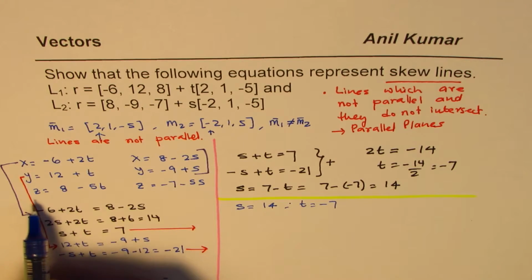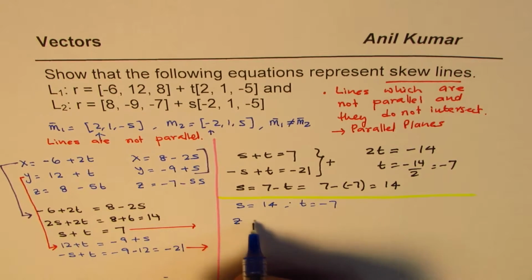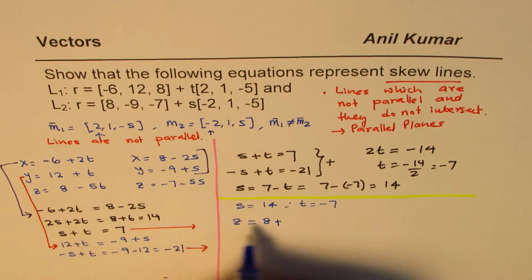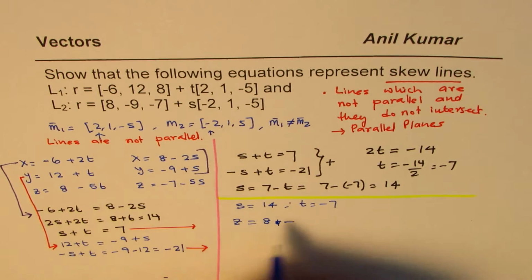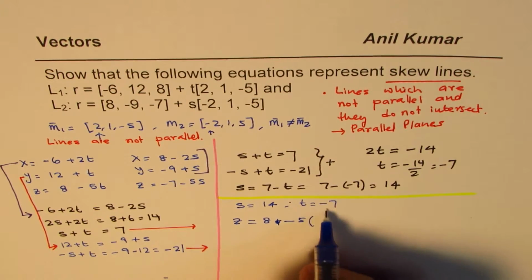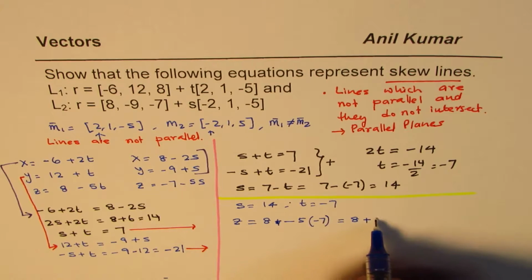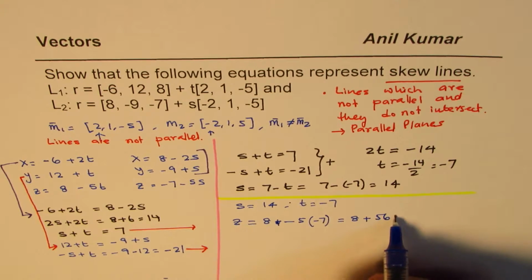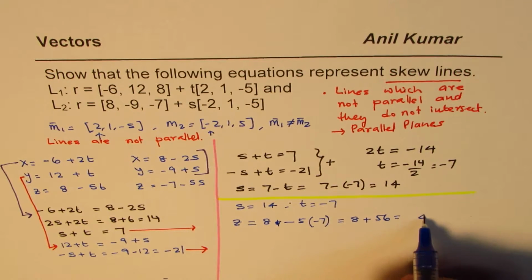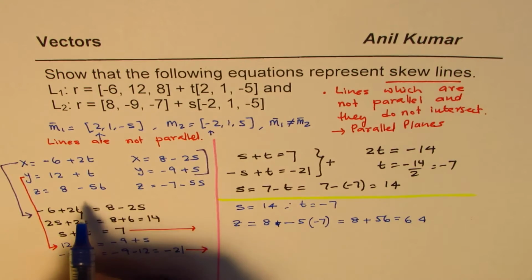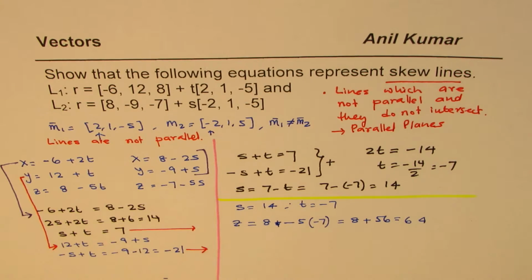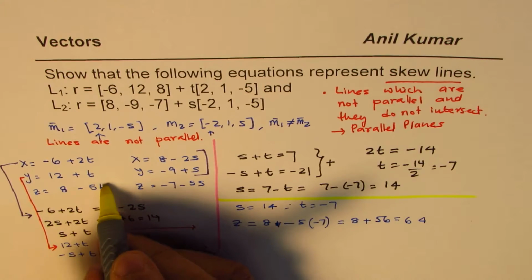Especially we are interested in z, so let's first do z. 8 plus minus 5t. Minus 5 times t, which is minus 7, gives us 8 plus 35, which is 64. This is from the first equation.